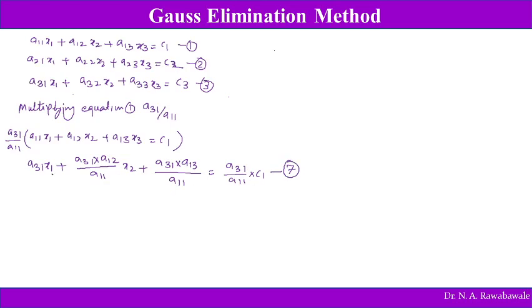Now this equation number 7 we are subtracting from equation number 3. Equation 7 from equation 3 we get, so multiplying this by minus and subtracting from equation number 3.